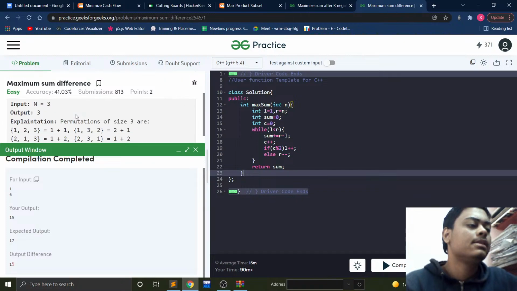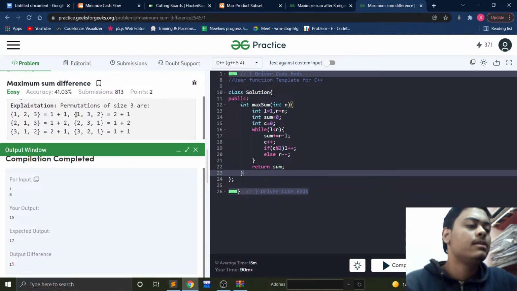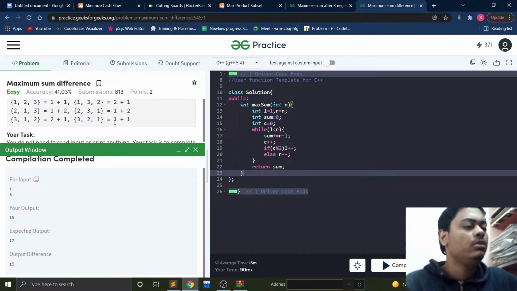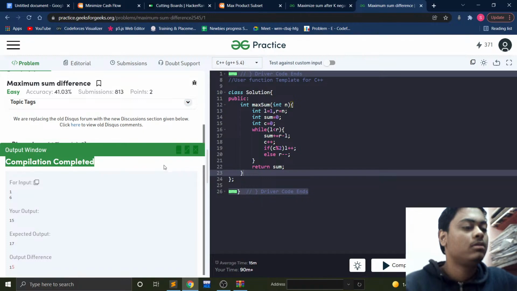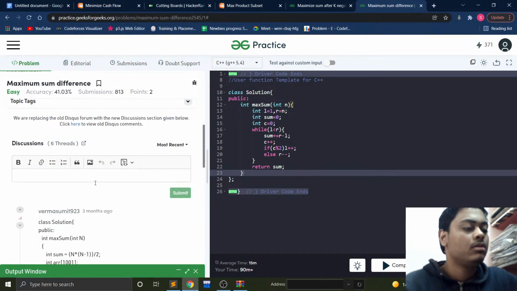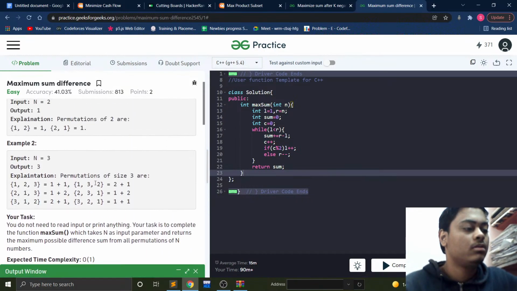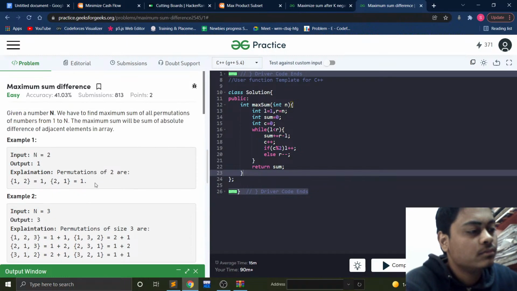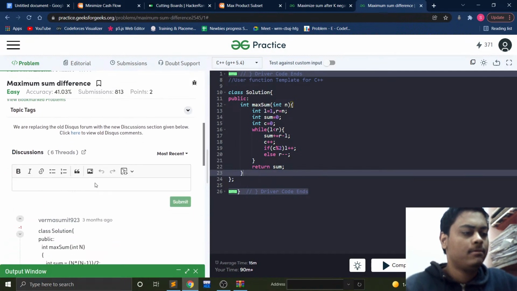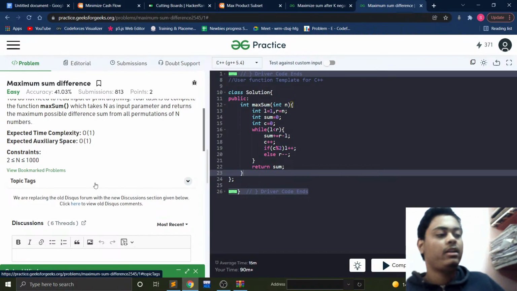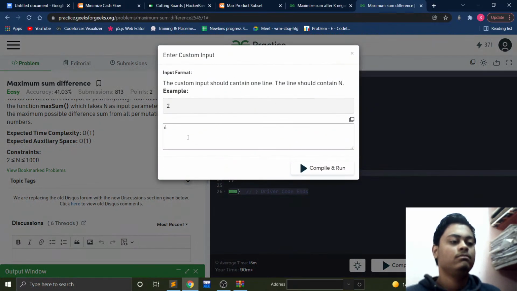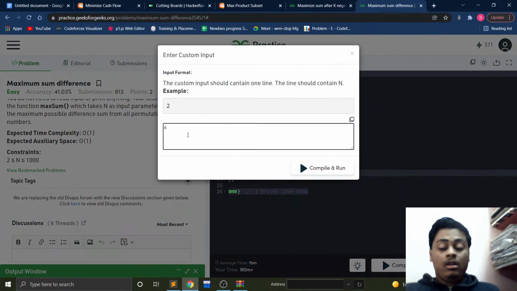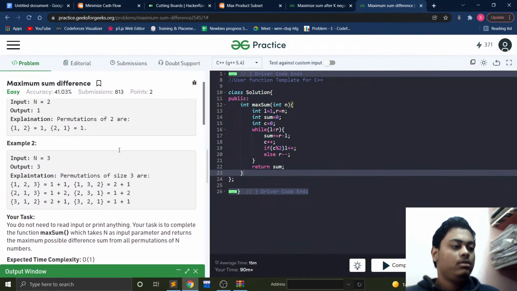Is it? No, it is not circular. Why the hell should it be 17? Why should the answer for 6 be 17? Do I need to start from 0?